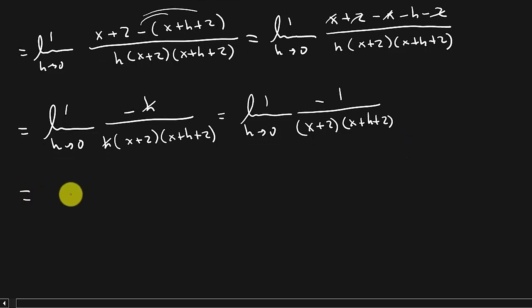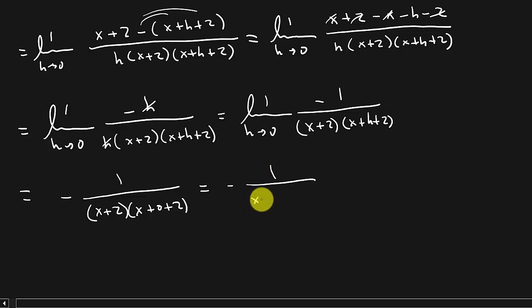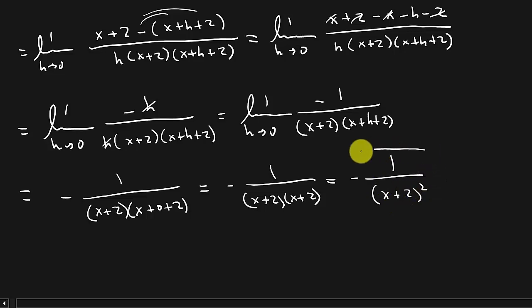And so now that's going to give me negative 1 over x plus 2 times x plus 0 plus 2, which is negative 1 over x plus 2 times x plus 2, which is negative 1 over x plus 2 squared. And there would be your derivative. I don't think I made a mistake, but there's your answer right there.